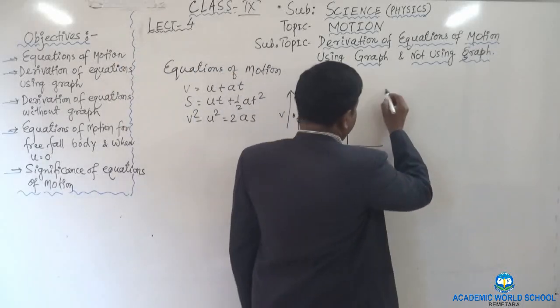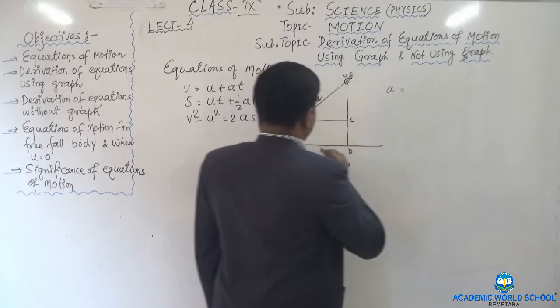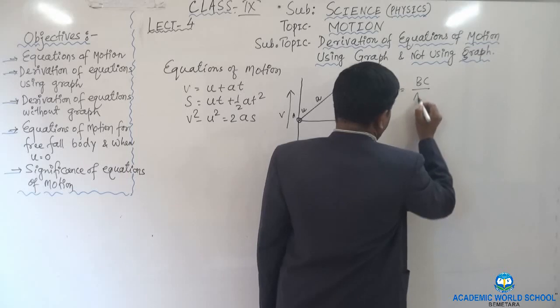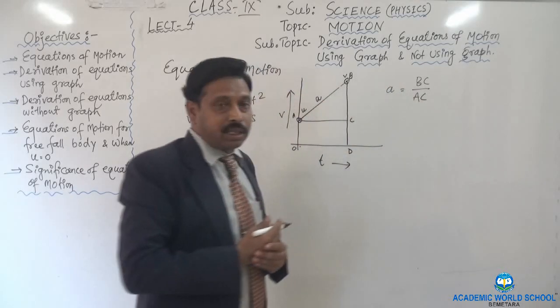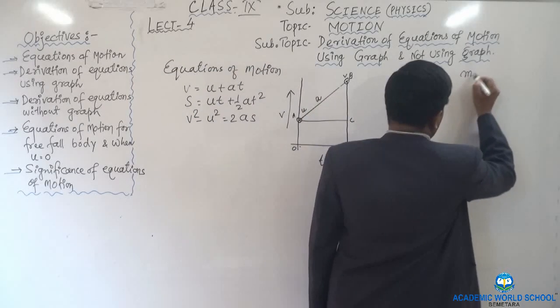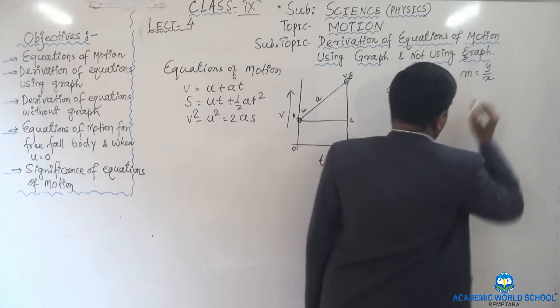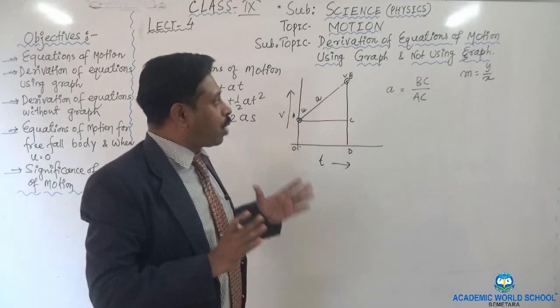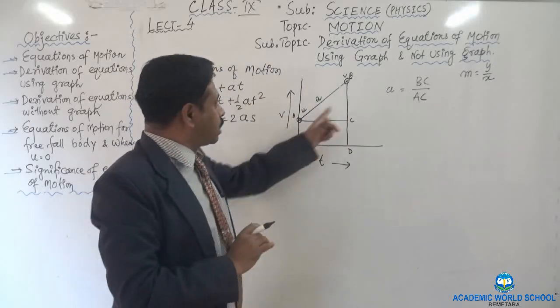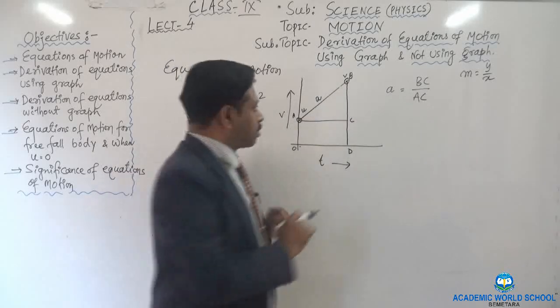So let me write a is equal to BC upon AC. So why BC upon AC? Again I want to remind you, I told you that slope m is equal to y upon x. Okay, so y means your y-axis portion and x means your x-axis portion. So a is equal to BC upon AC.